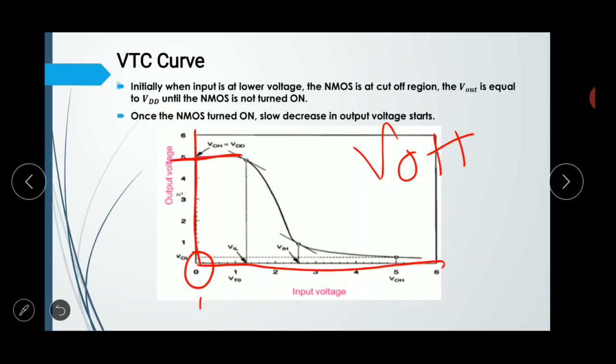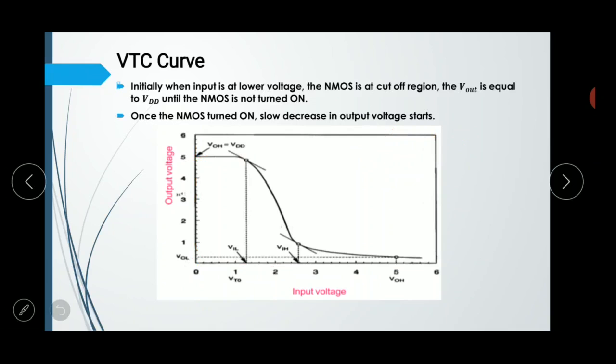Then when the input is maximum, the output voltage is minimum, and this output voltage is denoted as VOL. Once the NMOS turns on, a slow decrease in output voltage starts.